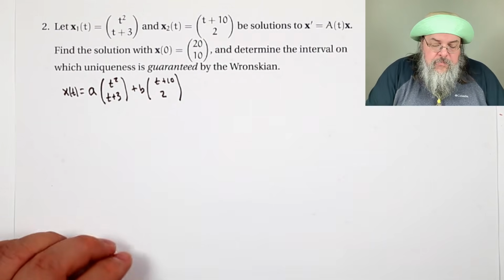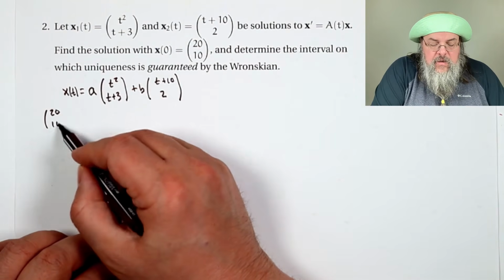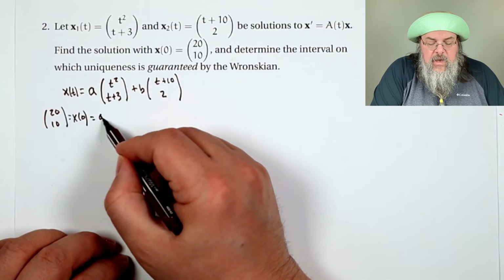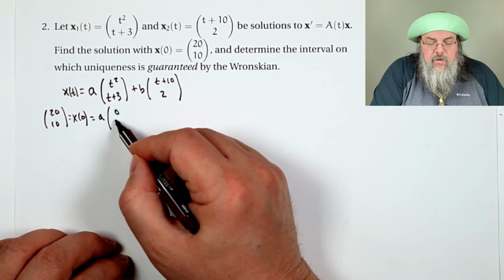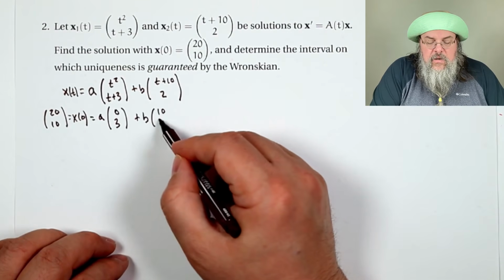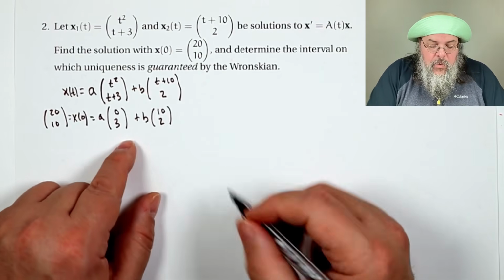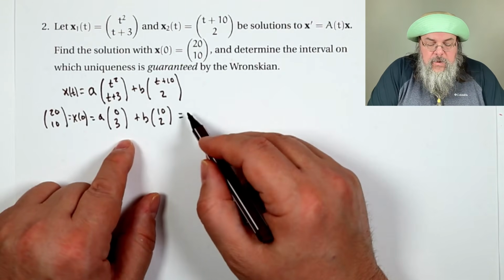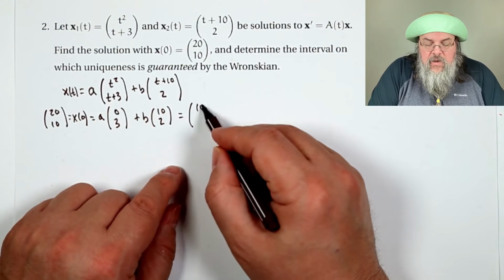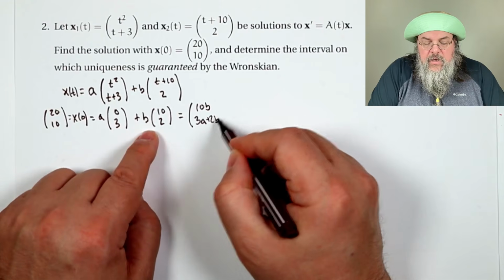Well, what do we need? We need that (20, 10) needs to be x of 0. Well, that needs to be equal to a times (0, 3) plus b times (10, 2). Right, that's our initial condition. We combine: a times 0 plus b times 10 is 10b, and 3 times a plus 2 times b.